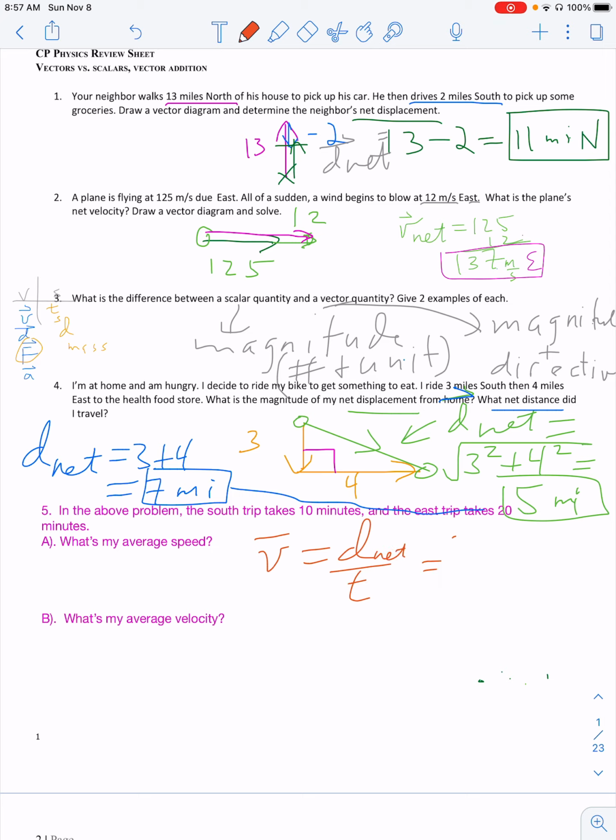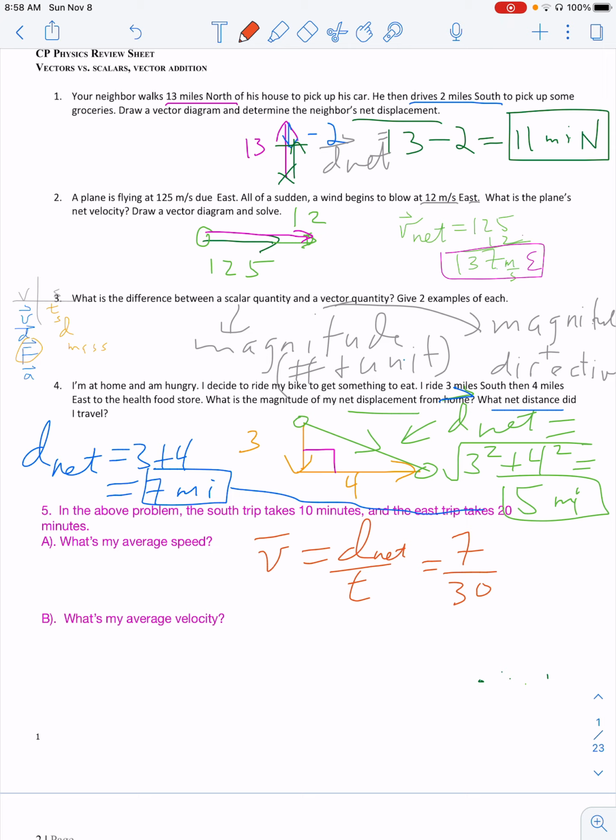So the total distance is 7 miles from what we just did. Total time: 10 minutes for the south, 20 minutes for the east. So 10 plus 20 is 30. I just add them to find the total time.